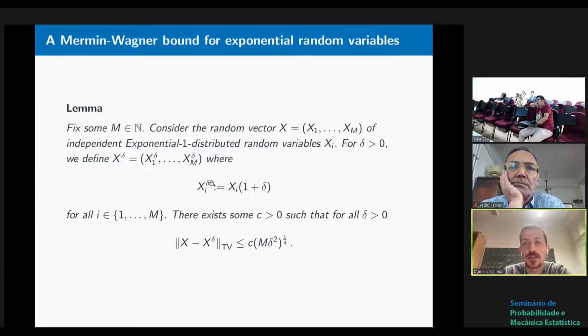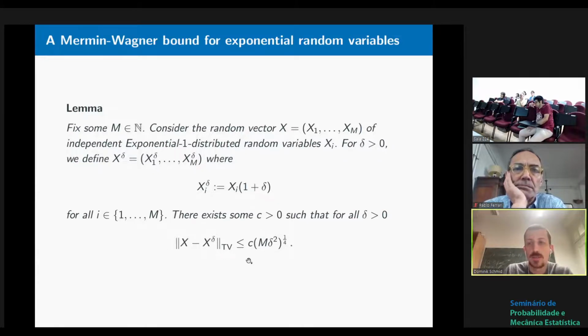Now, the question is, for a vector of length m and perturbation delta, what is the total variation distance between these two vectors? Just by a naive bound, you would get a bound of order m times delta, by the triangle inequality, essentially.